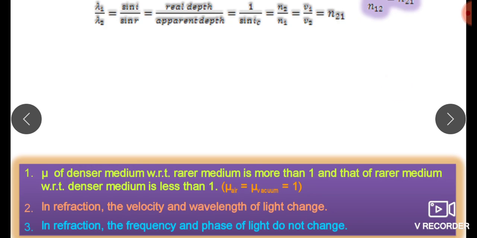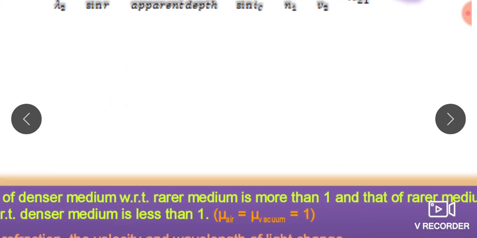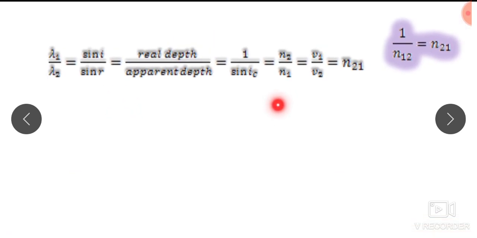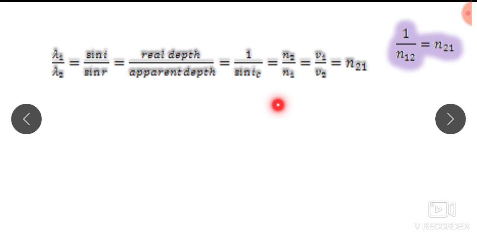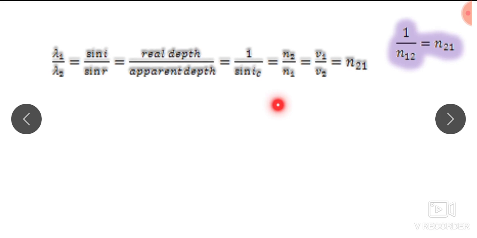Next, we can also have various formulas for this refractive index in terms of wavelength, real depth, apparent depth, and critical angle. These we will see one by one. Because light is a wave, the speed of light v is equal to nu lambda, where nu is the frequency and lambda is the wavelength.